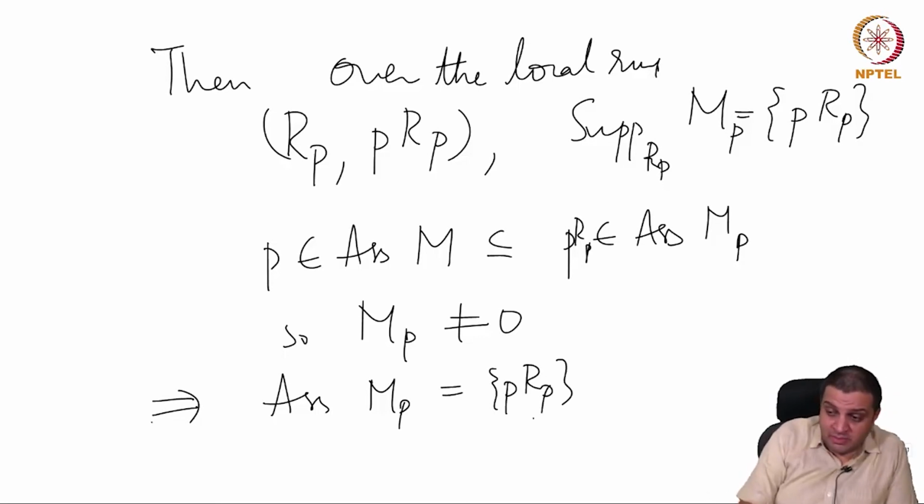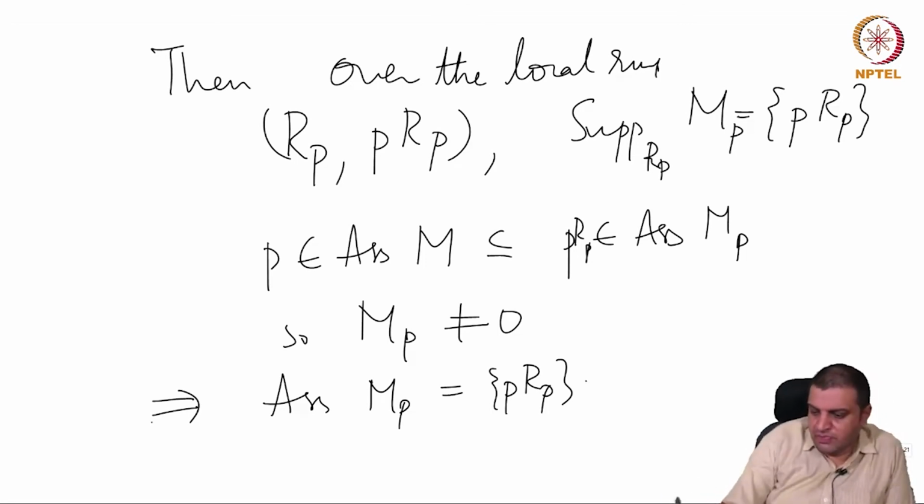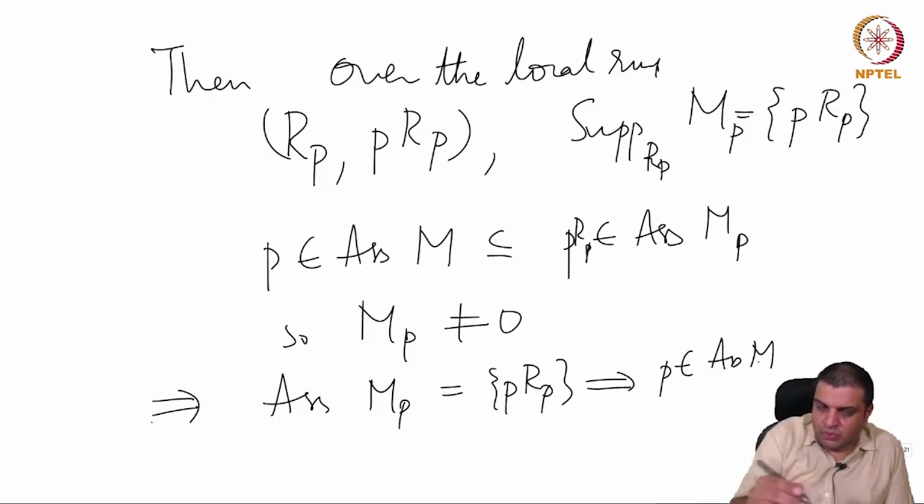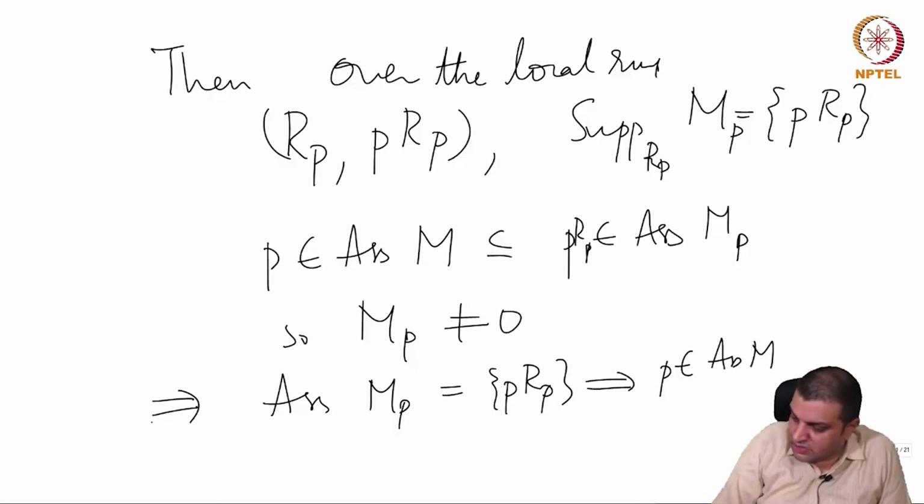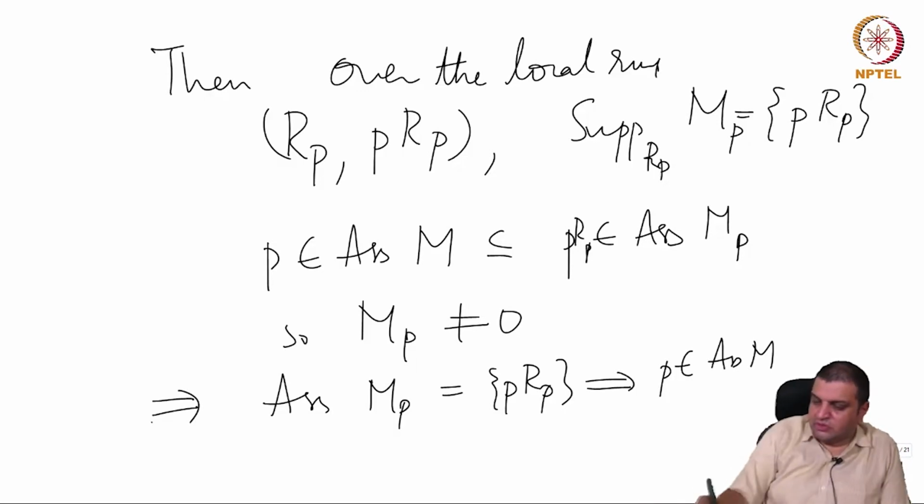This is where minimality is used, to conclude this, and then use this fact to do this, and this now implies that P is associated to M. That was where one can use localization both ways because R is Noetherian.